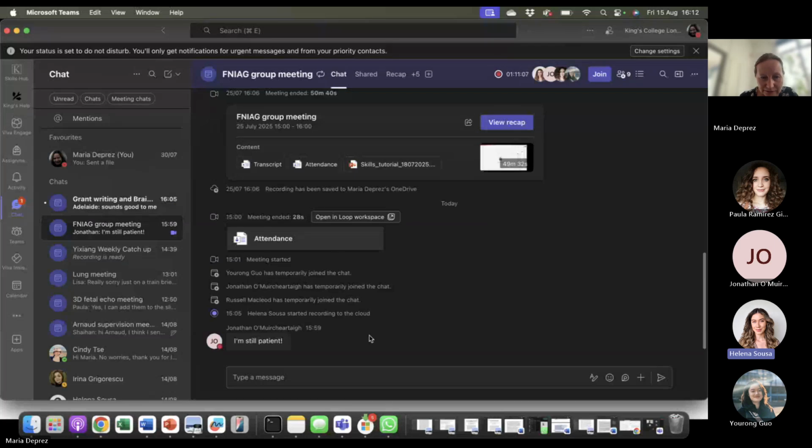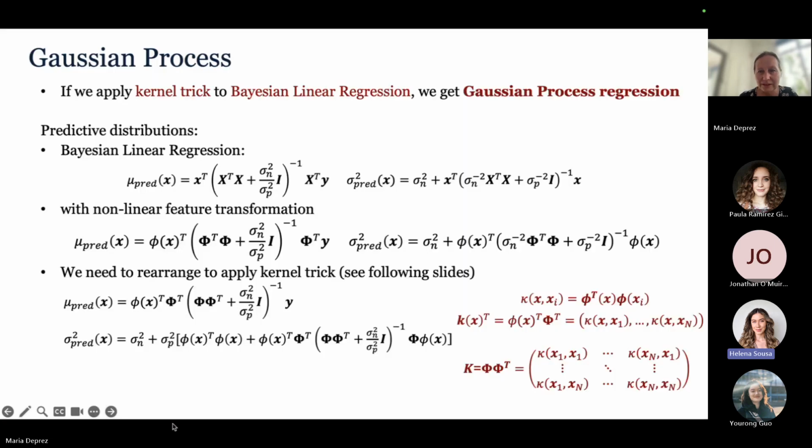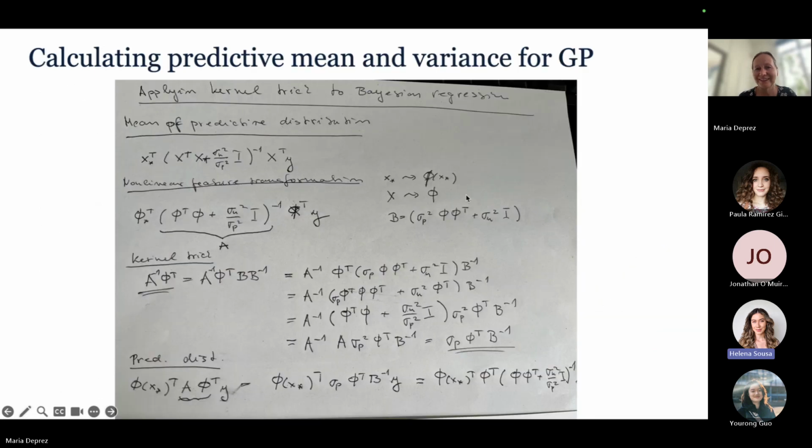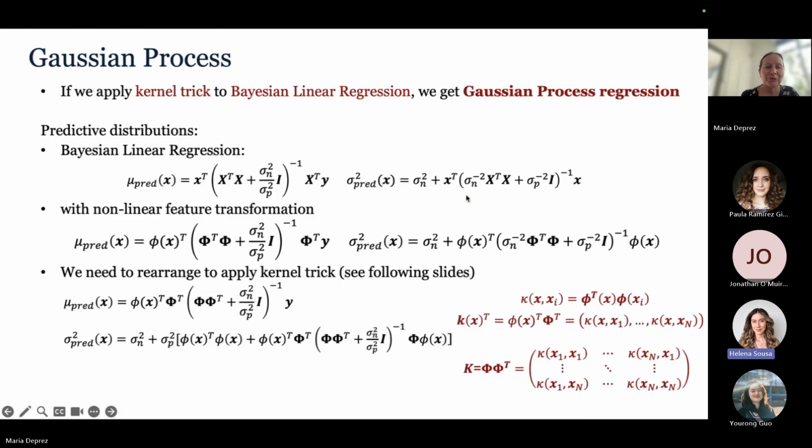Anyway, I am at the end now. When you want to apply the kernel trick to Bayesian ridge regression, the equation becomes quite long and maybe doesn't matter too much.